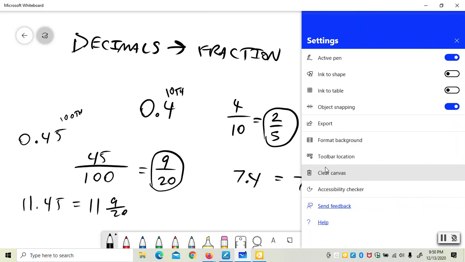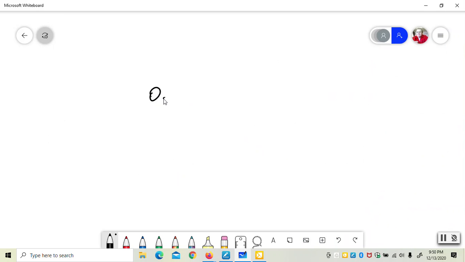You can't always reduce. I had 0.123. The last place is thousandths. So you'd have 123 over 1,000, and 123 can be divided by 3, actually, because if you say 1 plus 2 plus 3, 1 plus 2 is 3, and 3 plus 3 is 6.